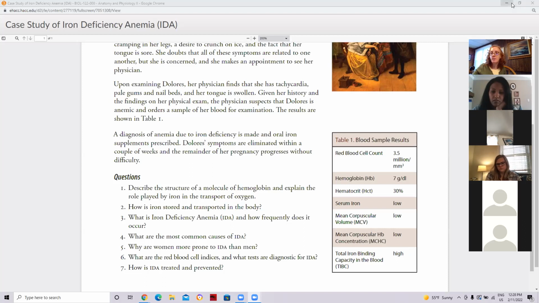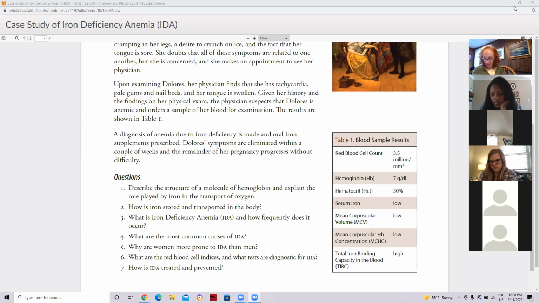So now, somebody do me a favor and write down these numbers, or I will write them down too. RBC is 3.5 million per millimeter cubed.